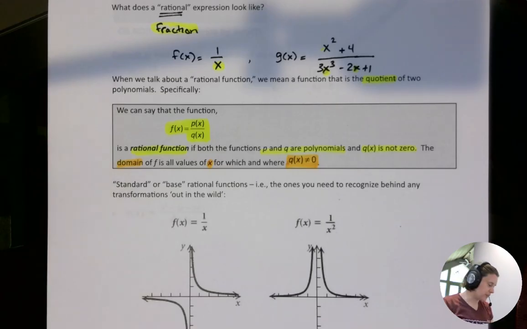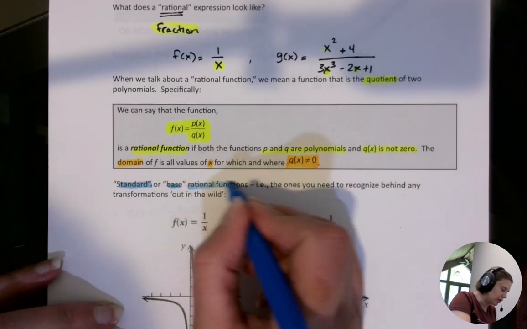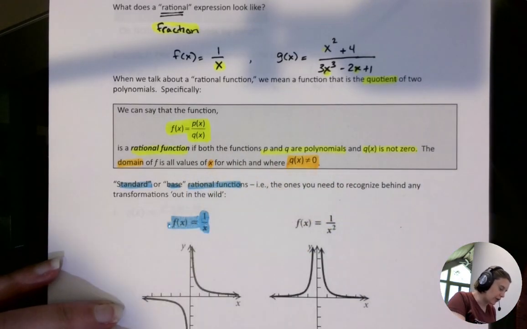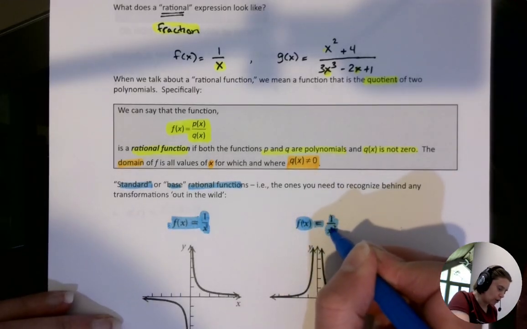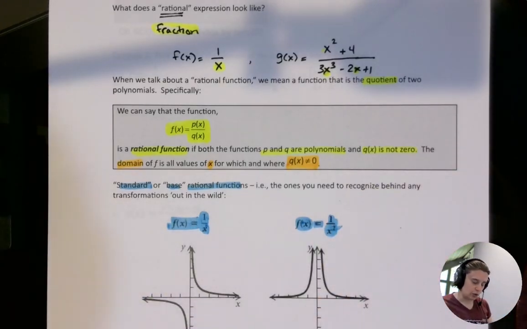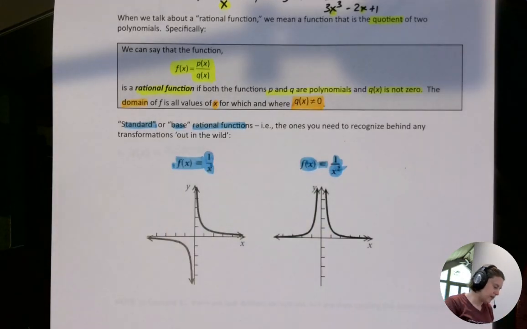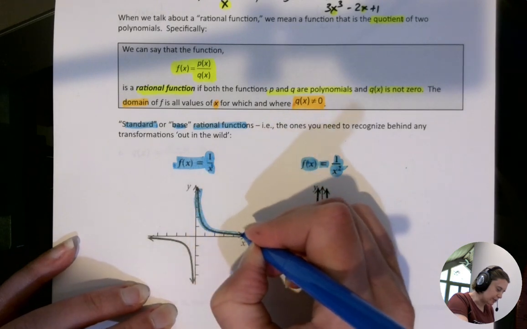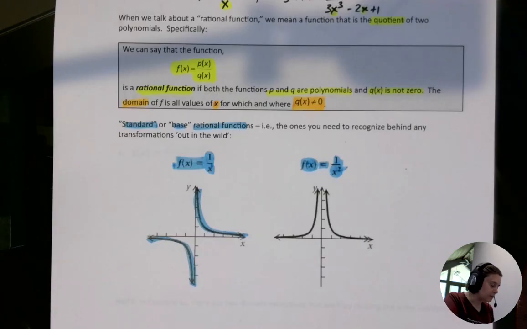All right. The standard or base parent rational function, whatever word you want to use here, is the f of x equals 1 over x graph, or you can also recognize the f of x equals 1 over x squared graph. In these two graphs, you probably do recognize already the 1 over x graph. The 1 over x graph is characterized by these two separate pieces on the upper right and lower left corner.